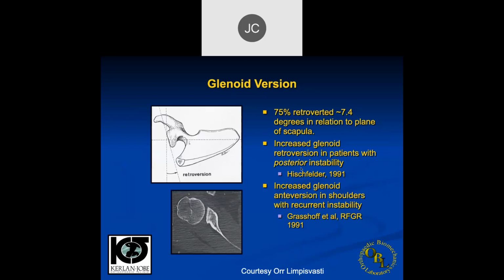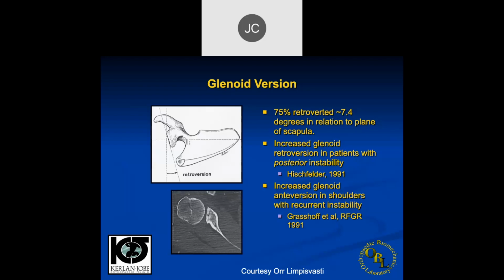Increased glenoid retroversion increases the risk for posterior instability and is generally associated with congenital underdevelopment of the posterior glenoid. That's usually associated with increased size of the posterior labrum, which we'll talk about. Increased anteversion is seen in patients with increased risk for anterior instability, which, as we all know, is the most common instability.